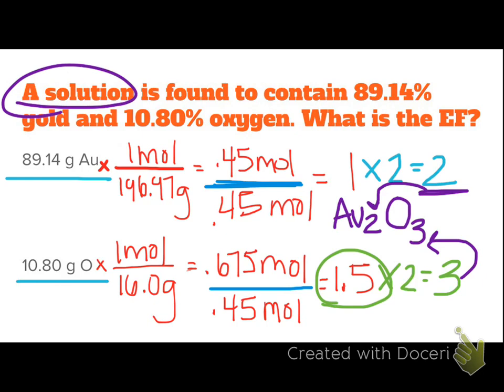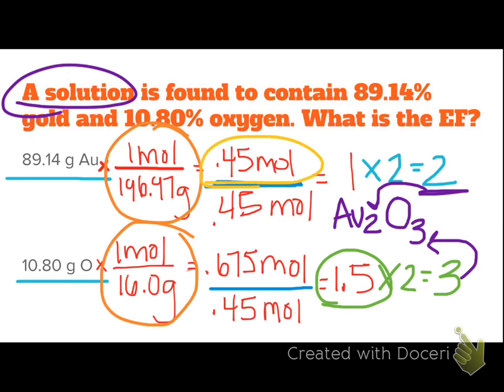So when we're doing this, making sure that we are converting our grams into moles, step 1. Now you have this lowest number of moles. You got your moles from one of these two. Divide by the lowest. So we picked 0.45, and that gave us 1 and 1.5.